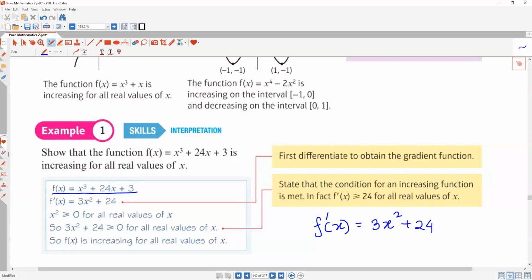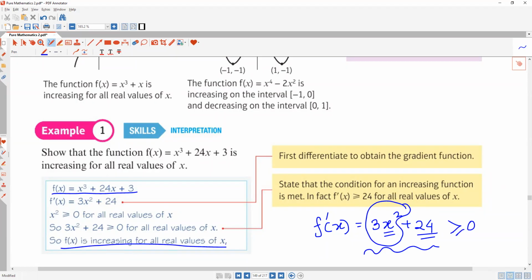Now because of this x squared, this value will always be positive, and you are adding it with 24, so your overall value will always be greater than 0. Since your gradient is always greater than 0, therefore it is increasing for all values of x.